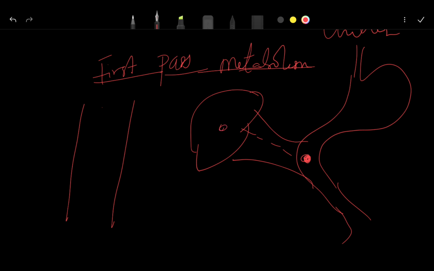If, for example, the drug is this big, the liver will first metabolize the drug in such a way that when it is coming out from the liver, it will be somehow small like this. So this fraction that reaches the blood is what we call bioavailability. So it is the fraction of the administered drug that reaches systemic circulation unchanged after first pass metabolism must have occurred.